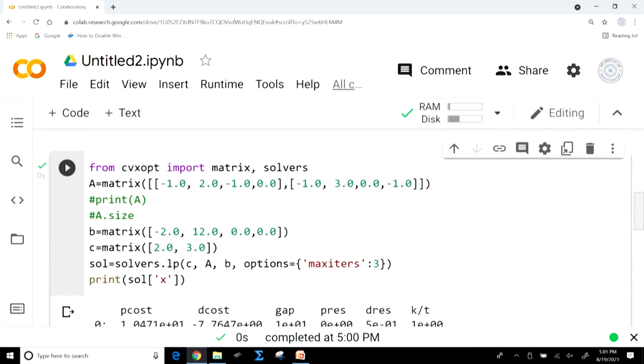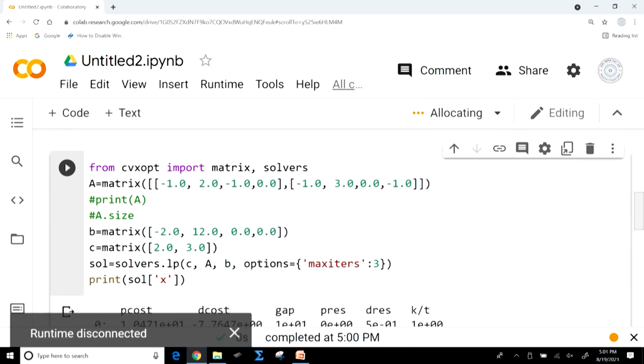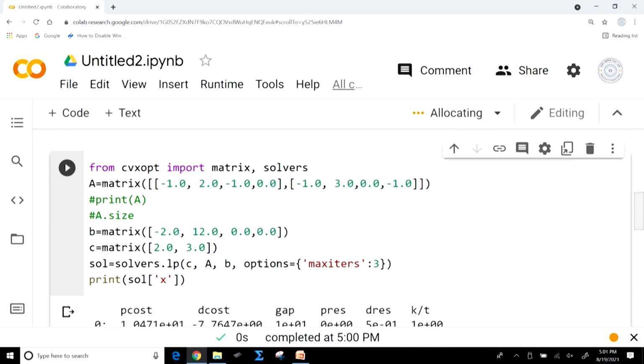So, in this way, if you have a linear programming problem, you can find the solution using this simple code, and you can also restrict the number of iterations, if you want the solution after 2 or 3 iterations, using this command.